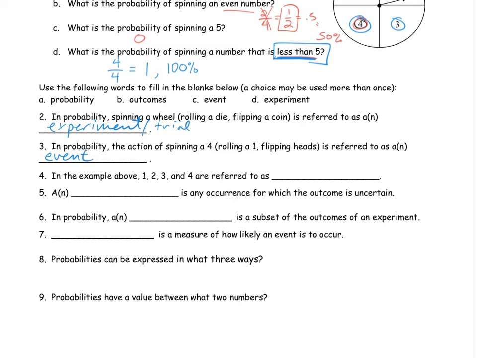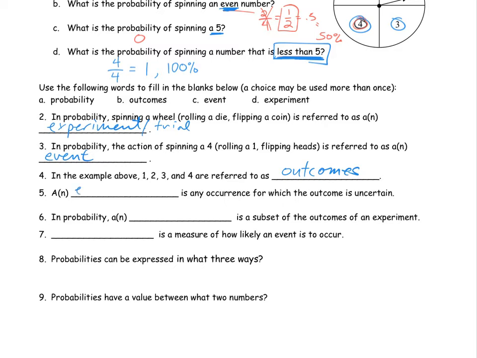Those would have been the specific things up here in these examples. Even number, that would have been the event. A 5, that would have been the event. Less than 5, that would have been the event we were looking for. The number of outcomes for that particular event: in the example above, 1, 2, 3, and 4 are referred to as outcomes. I don't think that's going to be any surprise with the wording I was using up there.